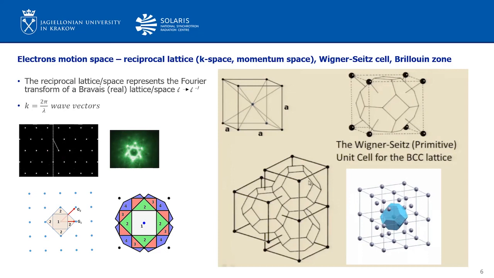Okay, and you see the difference between the Wigner-Seitz cell and the Brillouin zone in two-dimensional space, and also in 3D space.